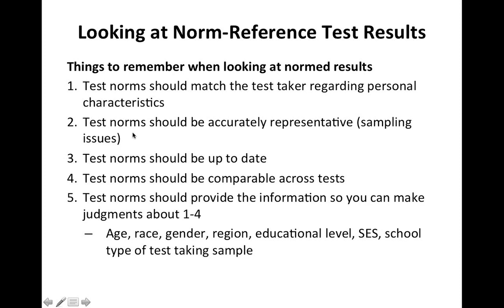When I think about test norms as well, and I'm making a population to compare an individual to, if I want to create norm referenced scores for a 5th grader, for all Wisconsin students, I need to make sure that when I use my test data, I am getting information on a representative sample of all Wisconsin students.